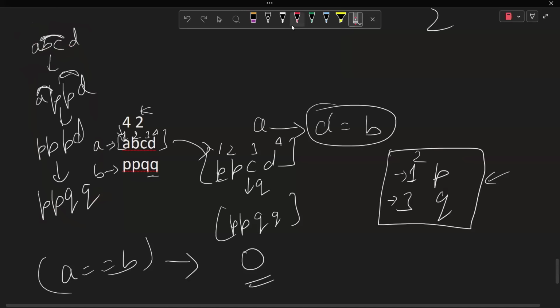Now, what if instead of this Q, there was a Z here? Your A had a Z in this test case. Now, can you transform this into this?